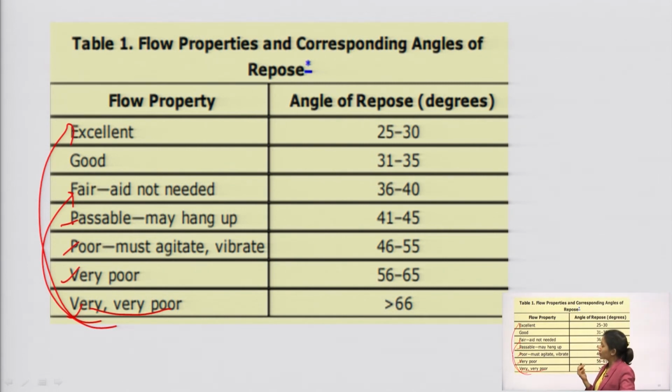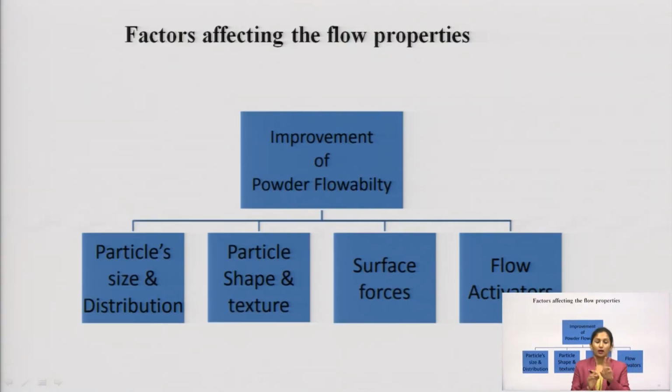So for doing this, what are the different measures, how will you improve the flow properties of powder? You can improve the flow property by controlling the particle size and its distribution, its shape and texture, surface forces, that means the drying and dehumidification of the powder particles, and flow activators. So there are 4 methods by which you can improve the flow property of powder particles having a very poor flow property.